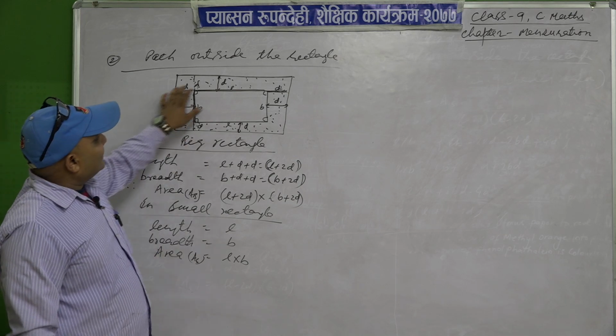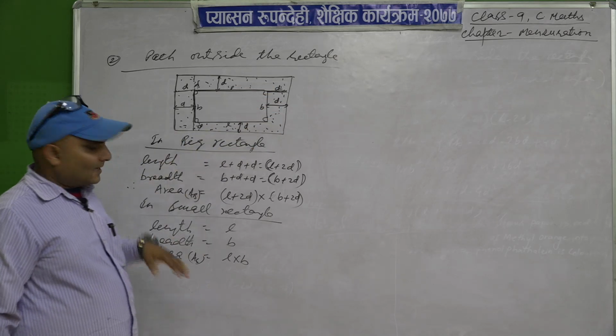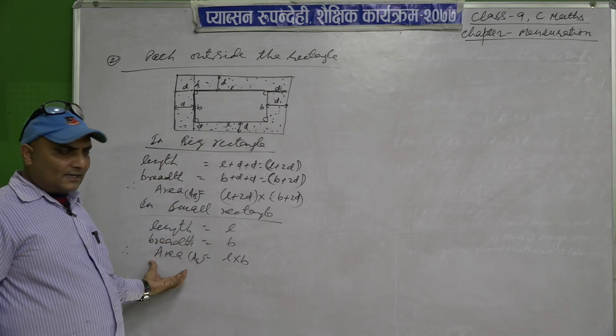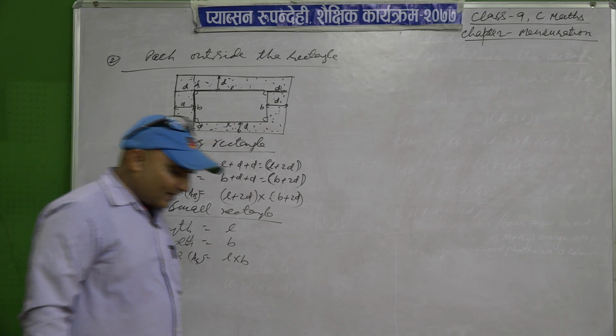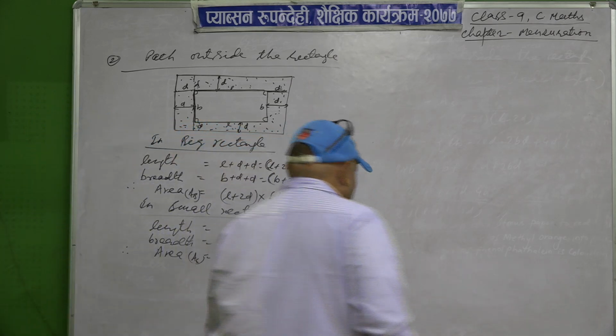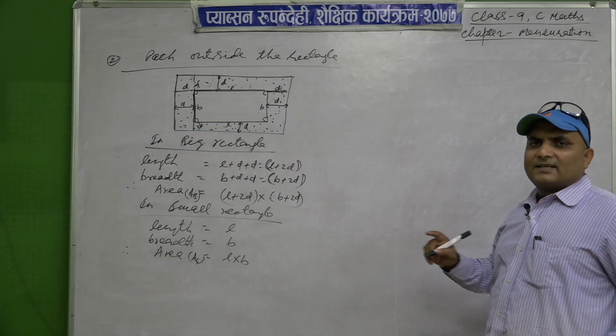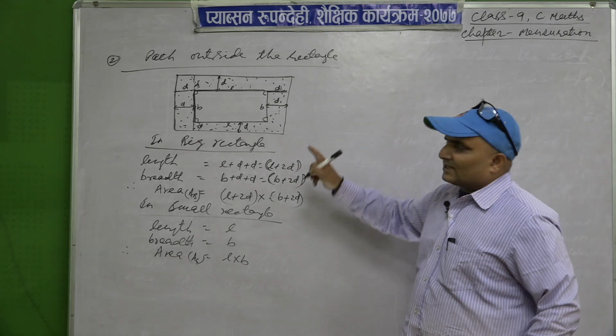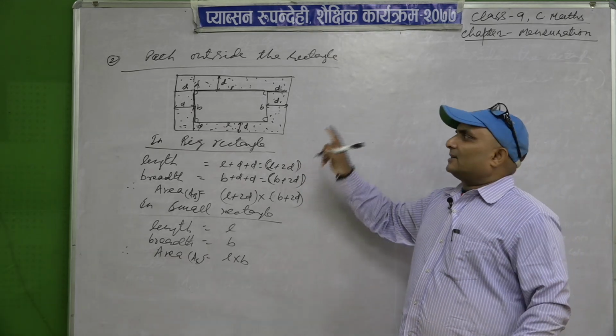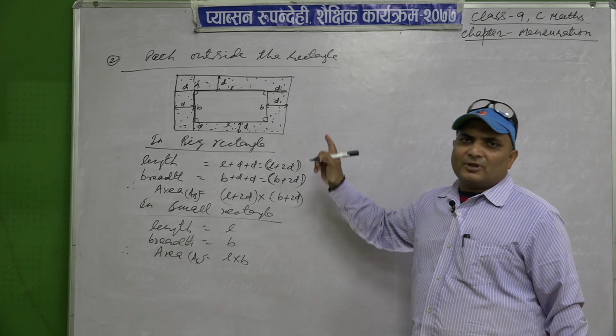And now to find this shaded region or the area of the path, again we subtract the area of the small rectangle from the area of the big rectangle. Always remember that to find the shaded region, you always subtract the area of the small figure from the area of the big figure.